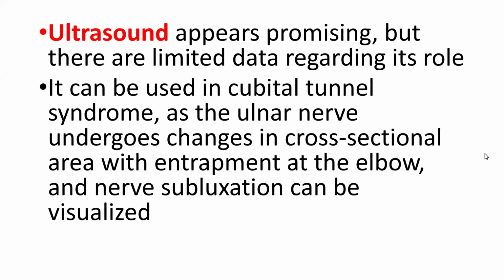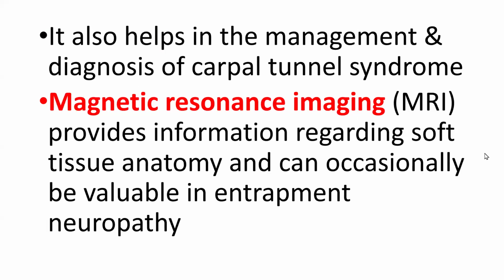Ultrasound appears promising, but there are limited data regarding its role. It can be used in cubital tunnel syndrome as the ulnar nerve undergoes changes in cross-sectional area with entrapment at the elbow, and nerve subluxation can be visualized. It also helps in the management and diagnosis of carpal tunnel syndrome.